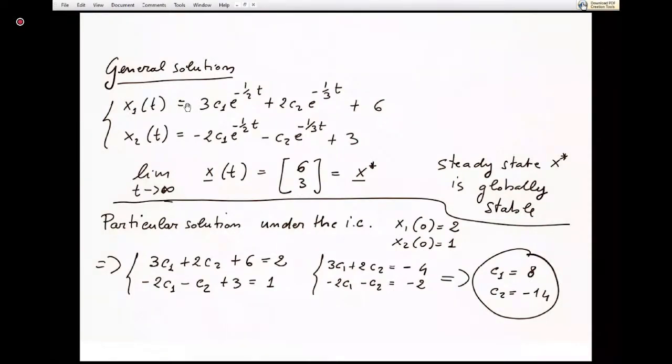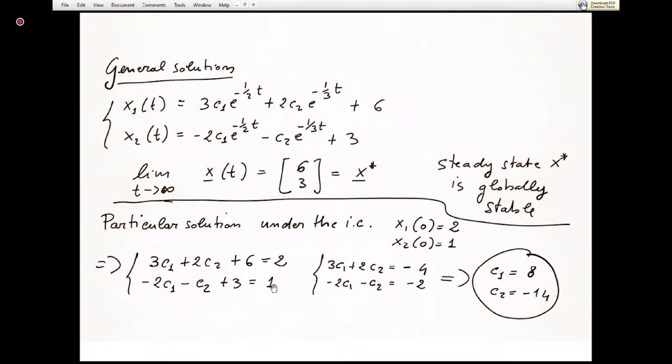X1 at time 0 is equal to 3C1, because this becomes 0, plus 2C2, okay? Plus 6. And this must be equal to 2. This is what we impose. X2 at time 0, which is equal to minus 2C1 minus C2 plus 3 from the solution, must be equal to 1.